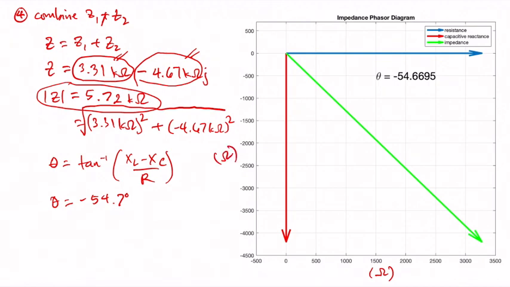Okay, you don't see that it's actually 3.31, so it's 3.5 here, and here it's supposed to be 4.67, but you see 4.5. The reason for that is that in MATLAB I'm using a command called quiver, and quiver draws a vector, but it does not draw the whole magnitude of the vector.